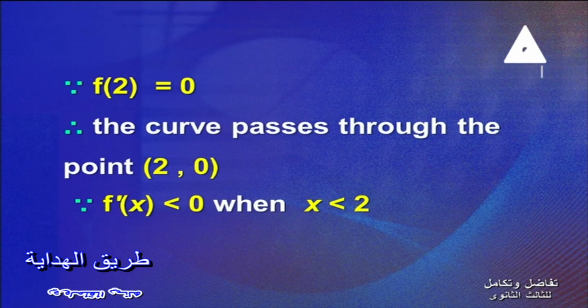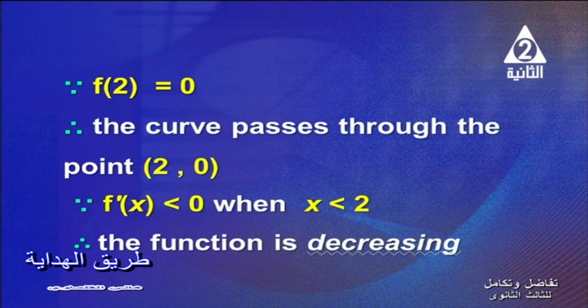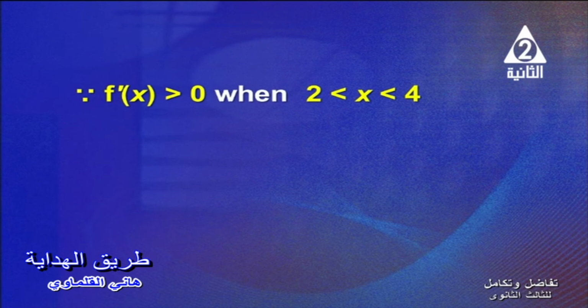Now what about the increasing and decreasing? F dash x smaller than 0 is a negative value when x is smaller than 2, so the function is decreasing in the open interval (negative infinity, 2).